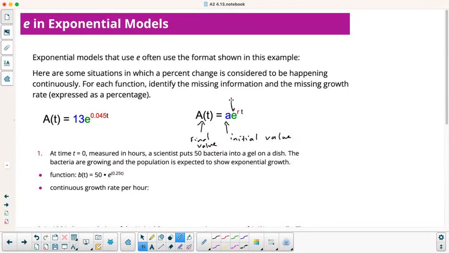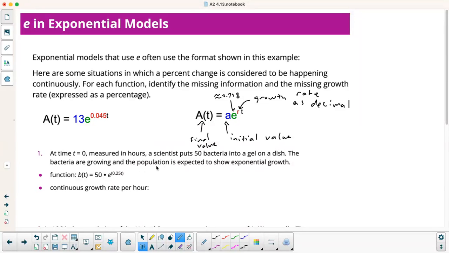E is obviously approximately 2.718. R is your growth rate as a decimal. All right, if your growth rate is 6, don't put in 6, put in 0.06.